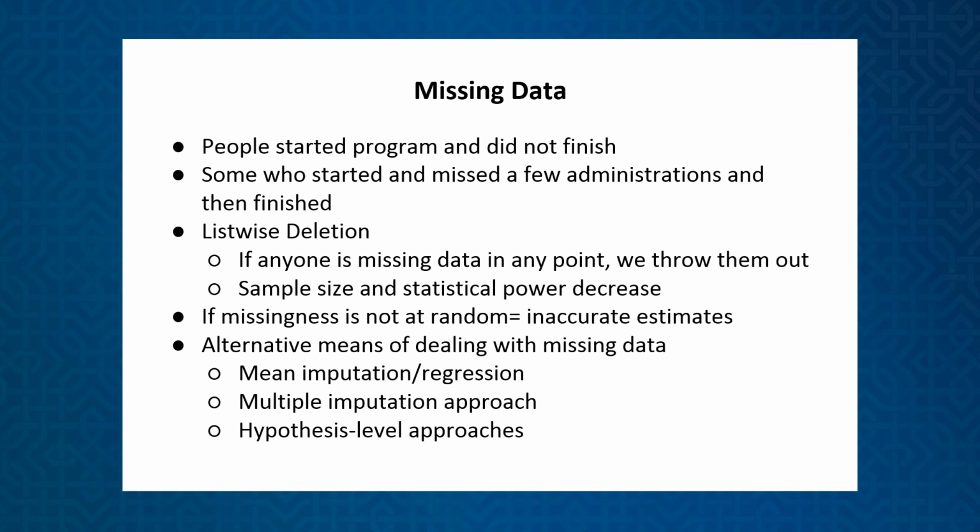There are very simple ones that don't work quite as well, like mean imputation. If somebody's missing, you just give them the mean. There are better ones, like regression or a multiple imputation approach, where you use very complicated statistical procedures to try to estimate what that value would have been.